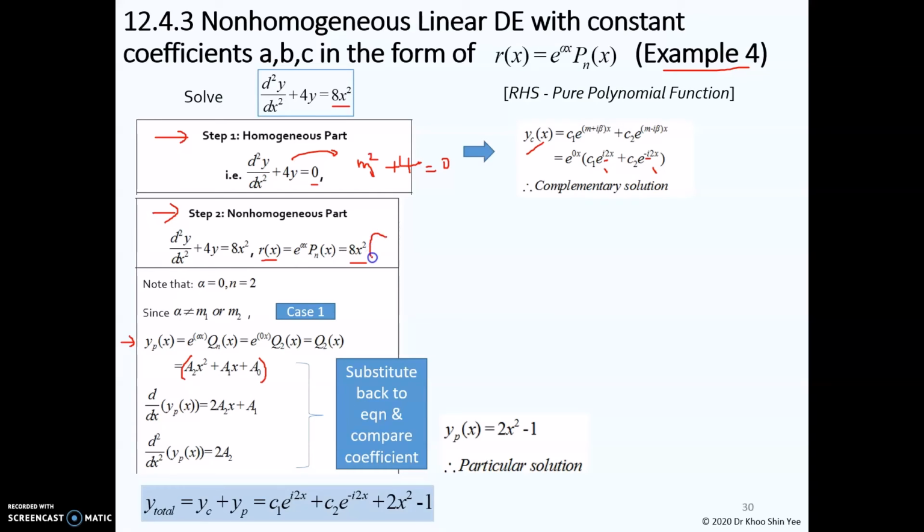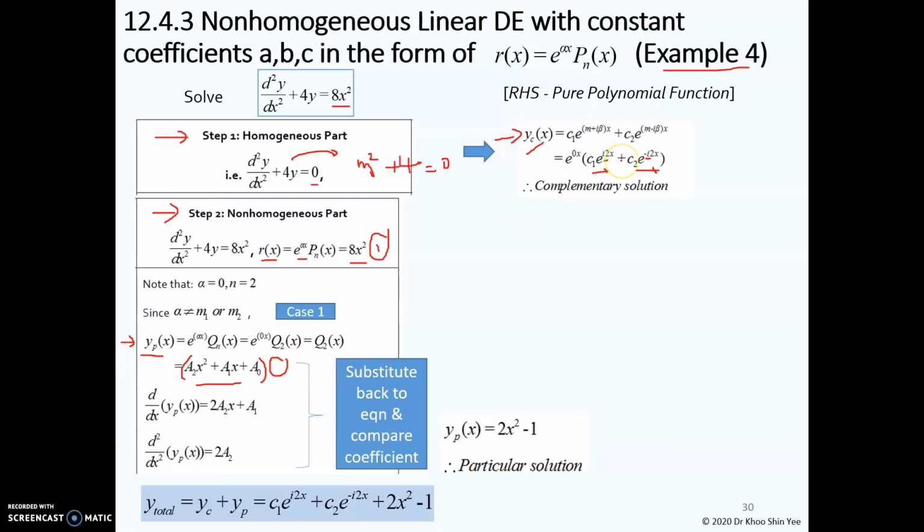You have no exponential function in the right hand side. Therefore, you can treat it as e to the power 0x, which gives 1. Therefore, you don't have an exponential form in the particular solution. So we check the particular solution and compare it with the complementary solution. All the solutions here are different, and we can say they are linearly independent.